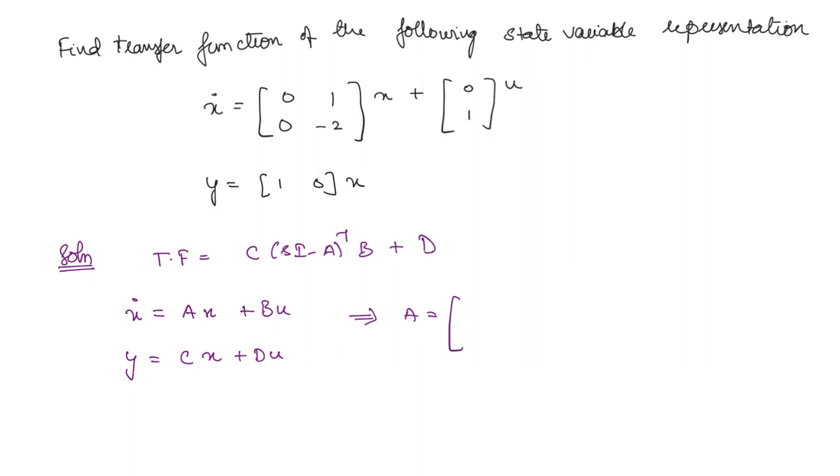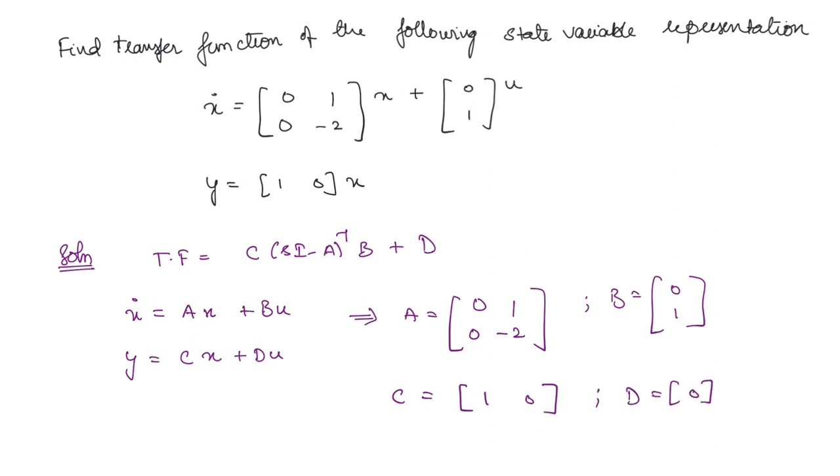A is [0, 1; 0, -2] and B is [0; 1]. What about C? This is given as [1, 0] and D is not given, so this is going to be a zero matrix. You don't have to worry about it.